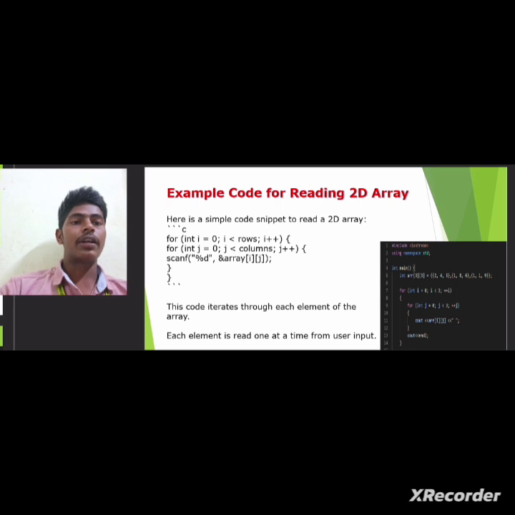Example code for reading a 2D array. Here is a simple code snippet to read a 2D array. See, for (int i = 0; i < rows; i++), for (int j = 0; j < columns; j++).